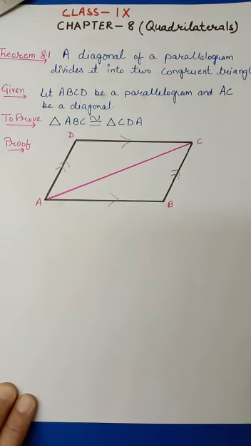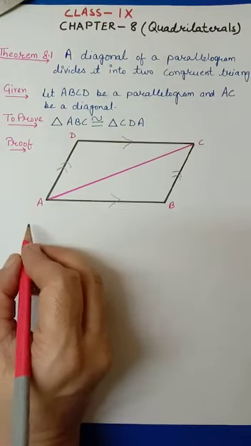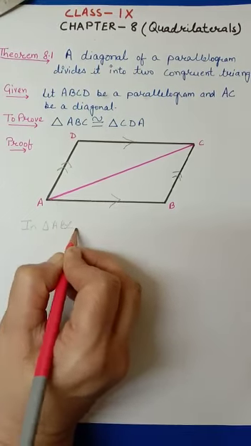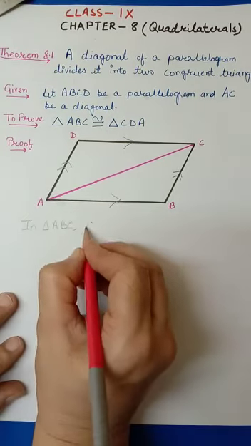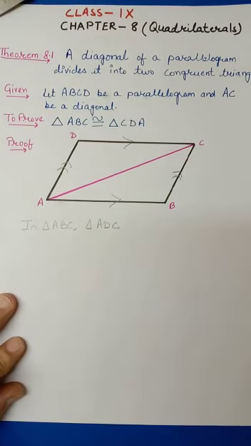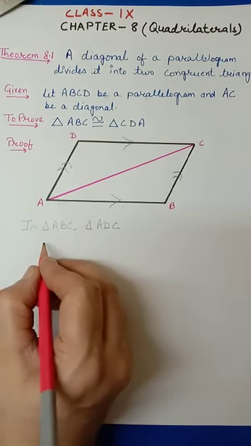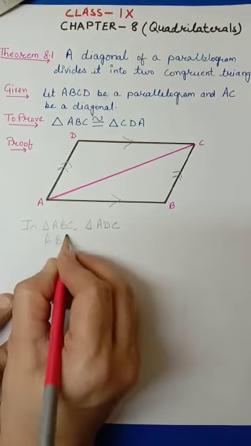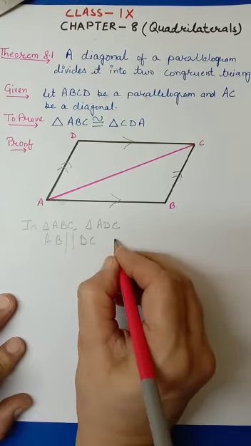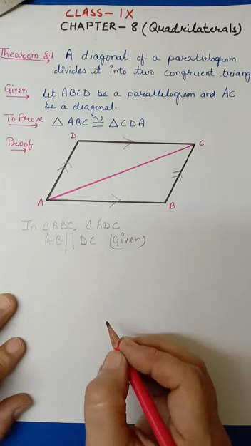Now let us see what we want to prove here. First of all, in triangle ABC and triangle ADC, please note what is given to you. First of all it is given that AB is parallel to DC here. This is the given portion because ABCD is a parallelogram.